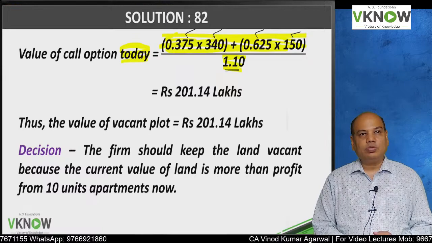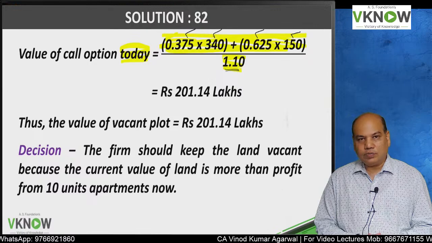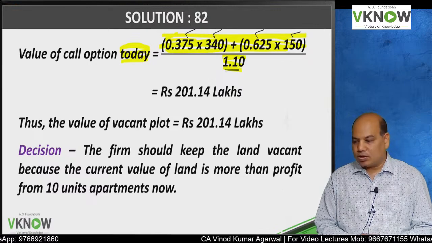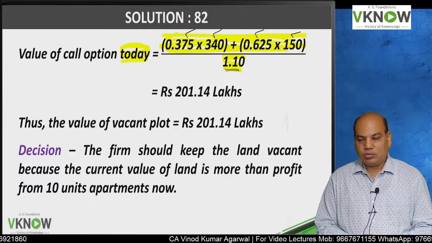So profit from 10 units apartments now is 200, and the value of the waiting is 201.14 lakh. So it is better to wait for a year.